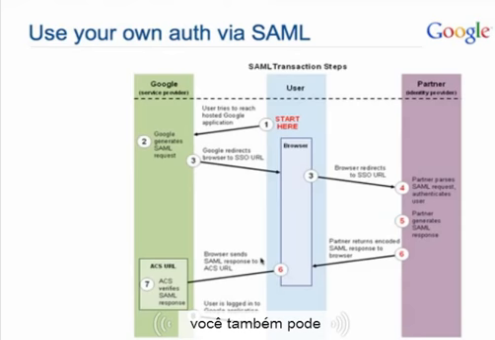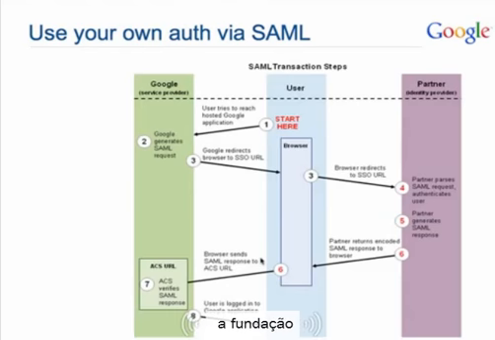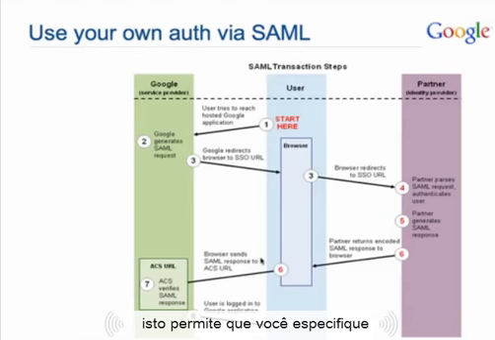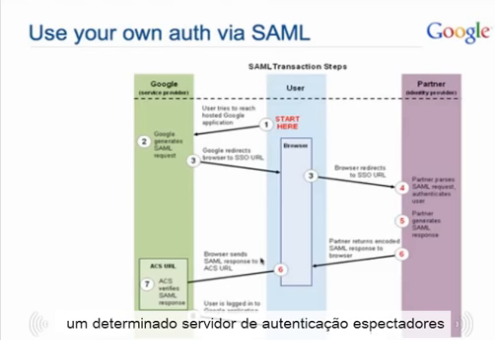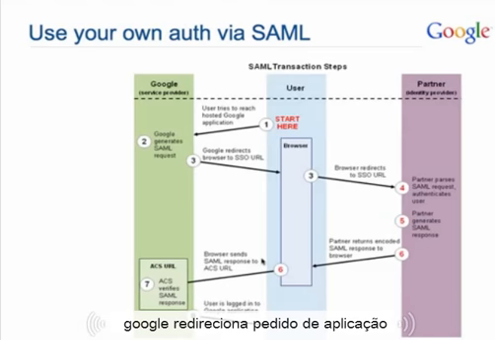You can also use your own authentication servers. The protocol called SAML, which stands for Security Assertion Markup Language, is the foundation of what's typically known as federated identity. This allows you to specify a particular authentication server of yours so that whenever one of your users tries to access a Google server, Google redirects that authentication request to one of your resources, which then approves or denies the access request.